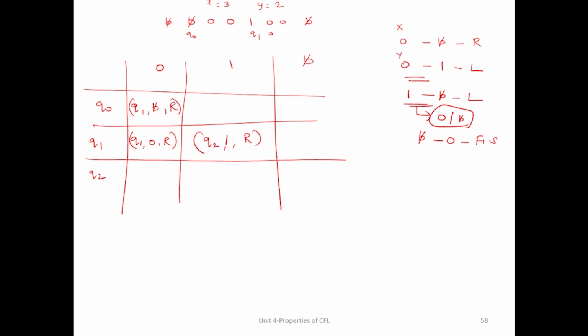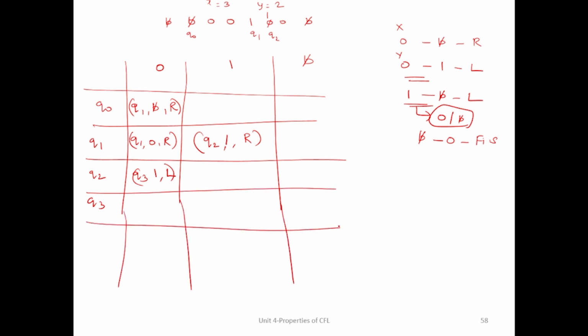So this is now Q2. The control head points to the first Y0 with the Q2 state. So this 0 should be replaced with 1. Come to the left direction with the new state Q3. Now Q3 is here.